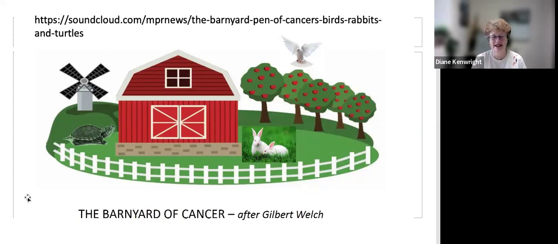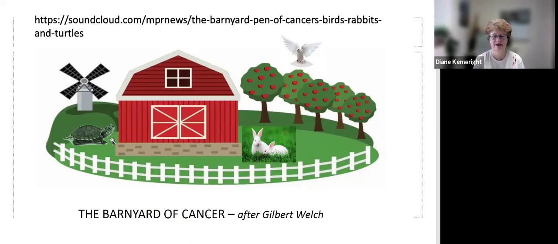But this is an idea that says cancers have inherent different biological potential. You have a barnyard, and in it are three kinds of cancers: the turtle, the rabbit, and the dove.